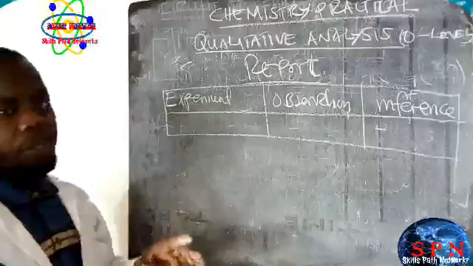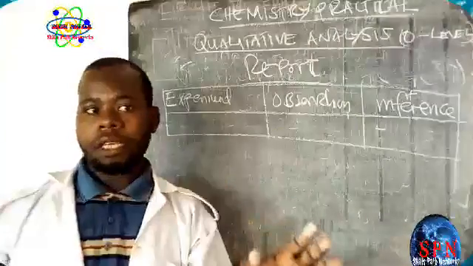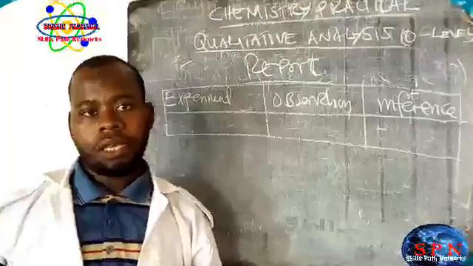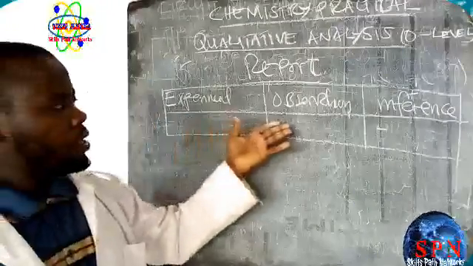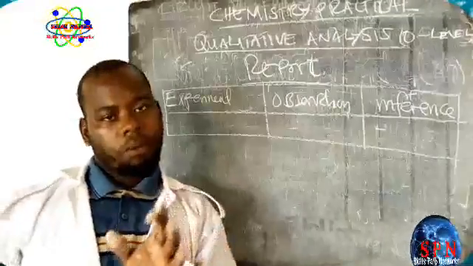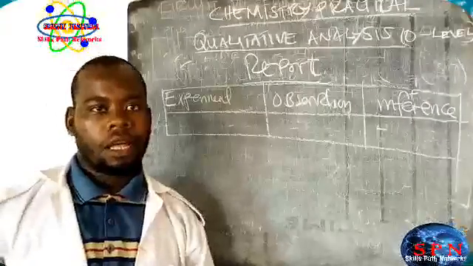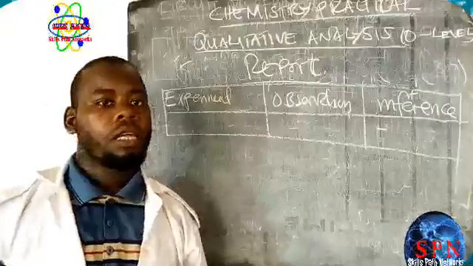Then experiment means you perform the procedure. You take a sample, you perform it by using reagents. You take a sample, you add hydrochloric acid, then you see the observation. That is the procedure. Observation is what you see when you perform that experiment: you take a sample, you add either ammonium hydroxide or sodium hydroxide.